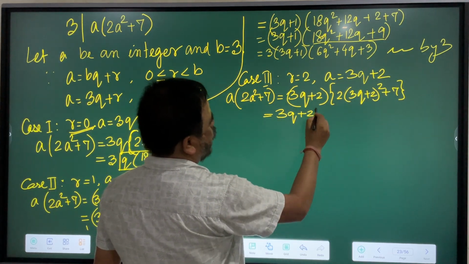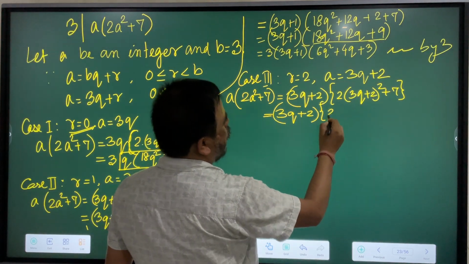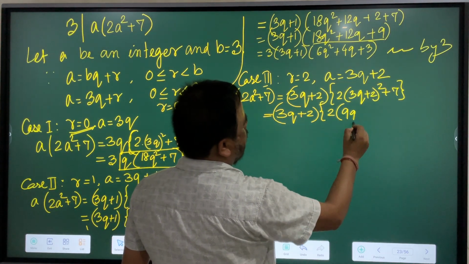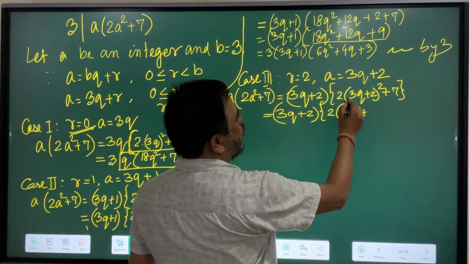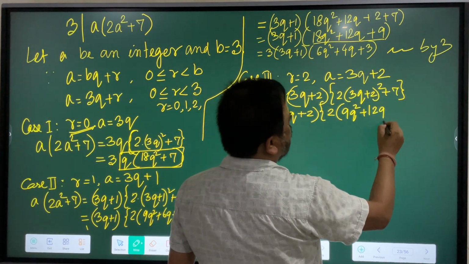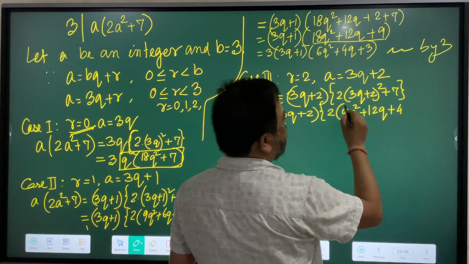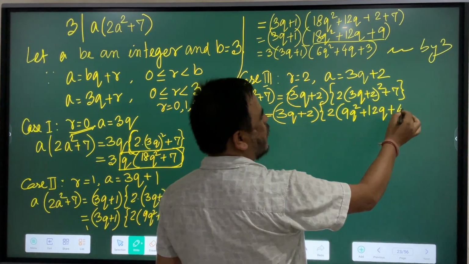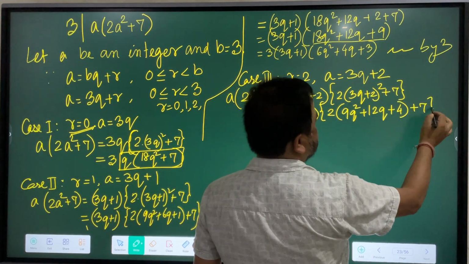So 3q plus 2 into 2 into 9q square plus 12q plus 4, using a square plus 2ab plus b square directly, plus 7.